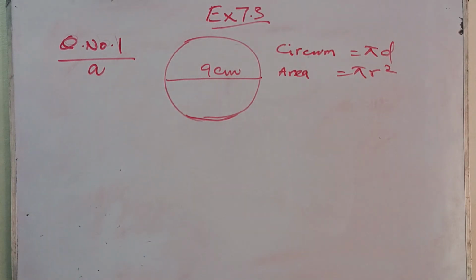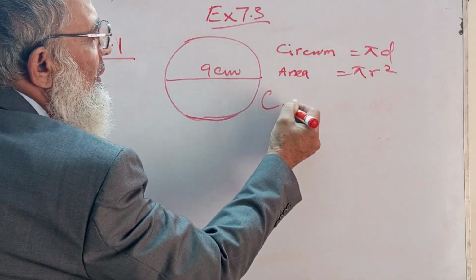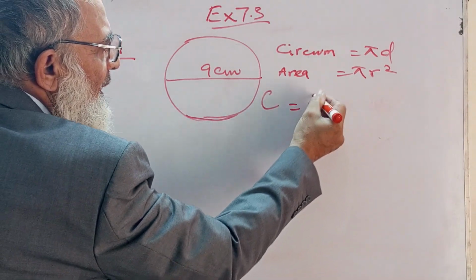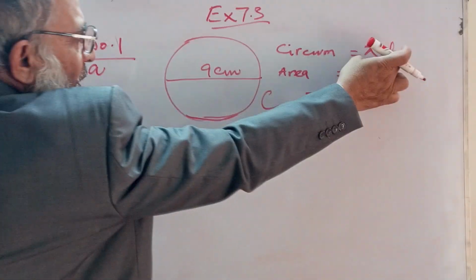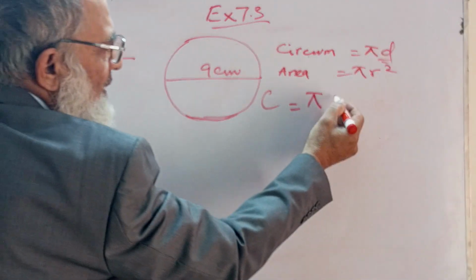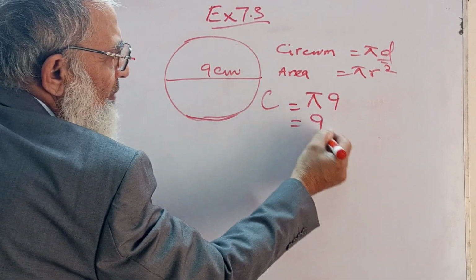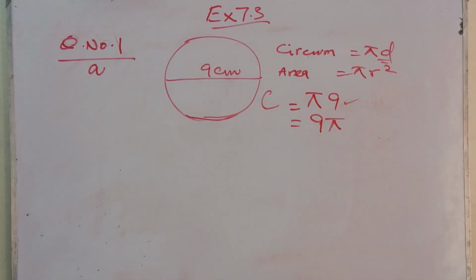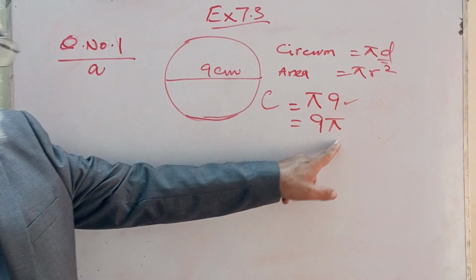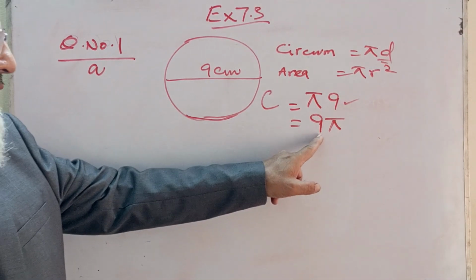So the circumference C is equal to pi into 9, because we are going to substitute this d as 9. Often we write it 9 pi, we don't like it. Don't write like this. We write it like this. So the answer of the circumference is 9 pi.